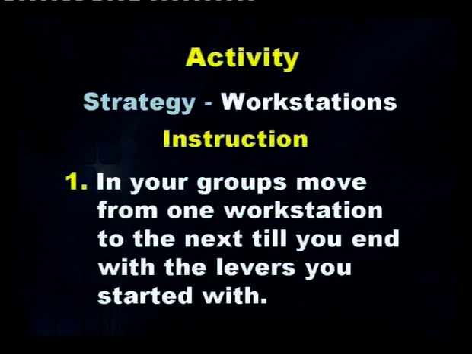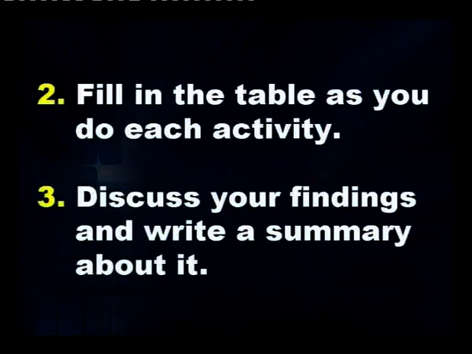Now, our first instruction says, in your groups, this is to you, the students, you move from one workstation to the next till you end with the levers you started with. Now, fill in the table as you do each activity. Students and teachers, I'd like you to take note.